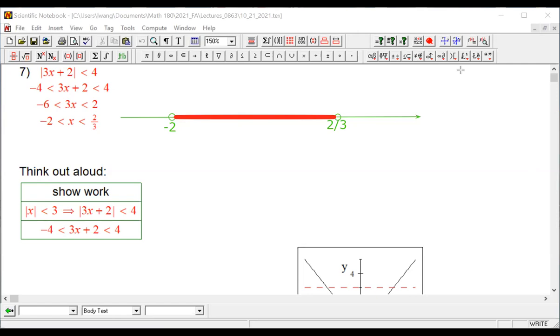But you must understand all of these things I put in think out loud. Those need to be in your head. And you also need to understand the other comments I put here. That powerful statement I put in here: the absolute value of anything is at least 0.